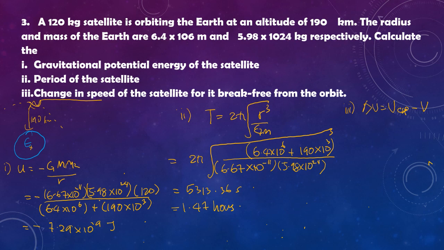So what is the difference between the speed that makes the satellite move around the Earth and the speed to escape the satellite from the path? That is why the change in speed for the satellite to break free is delta V, V escape minus V.